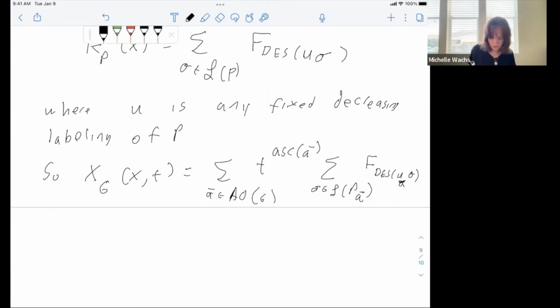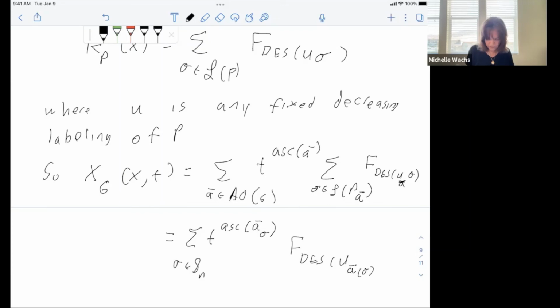So we're fixing a decreasing labeling for each of these posets P_A, and that's equal to, we can rearrange, the sum over all permutations sigma of t to the A, the acyclic orientation determined by the permutation, and here we have F of the descent set of U.